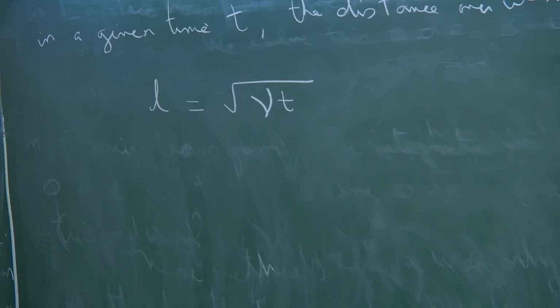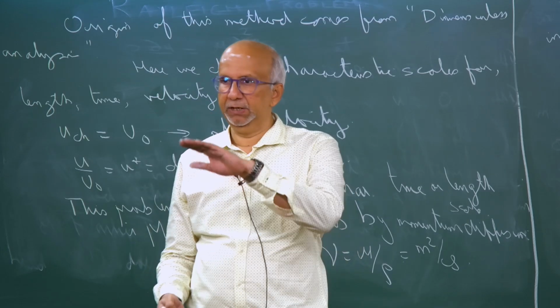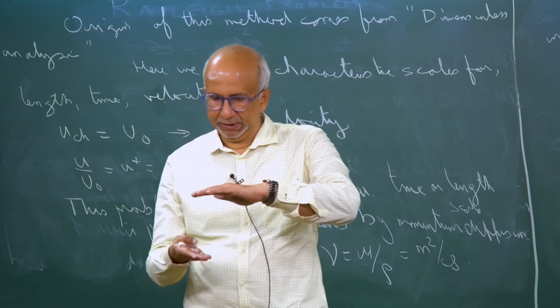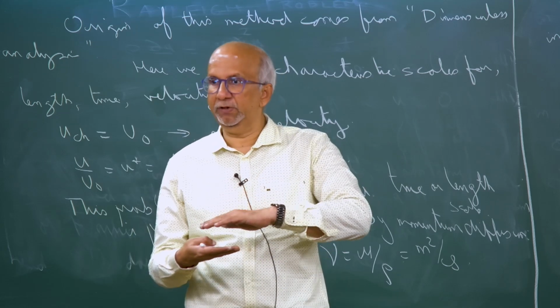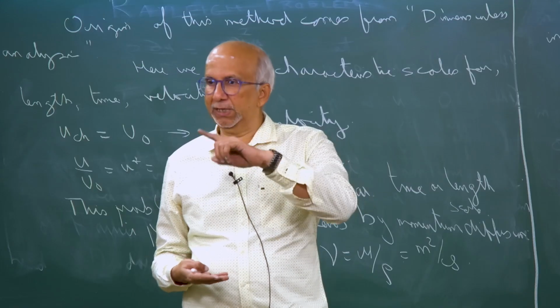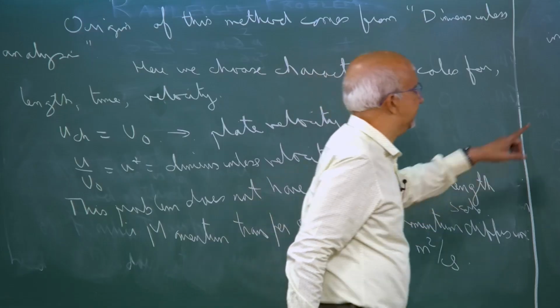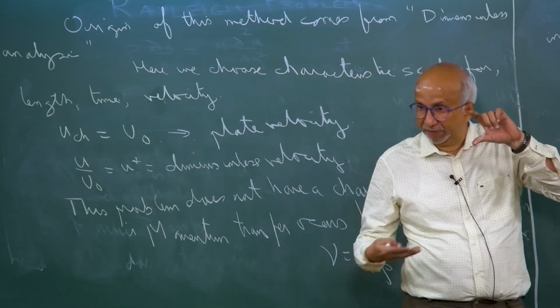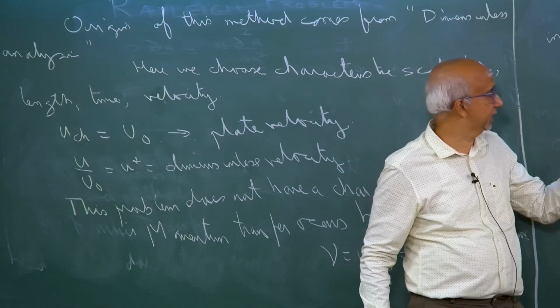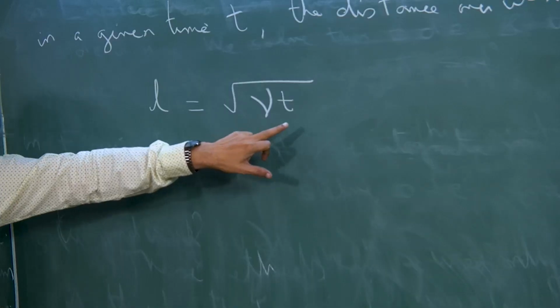This is true of all diffusive processes. Initially the plate is moving. At a particular time t, let us say 1 minute, the distance over which the effect of the plate will be found is the square root of nu times t.